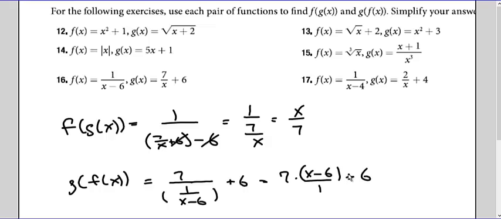And then we add the 6 to it. So I'm just taking the reciprocal of this, multiplying it out. So we get 7x minus 42 plus 6. 7 times 6 is 42, negative sign. So that's 7x minus 36. 42 minus 6 is 36.